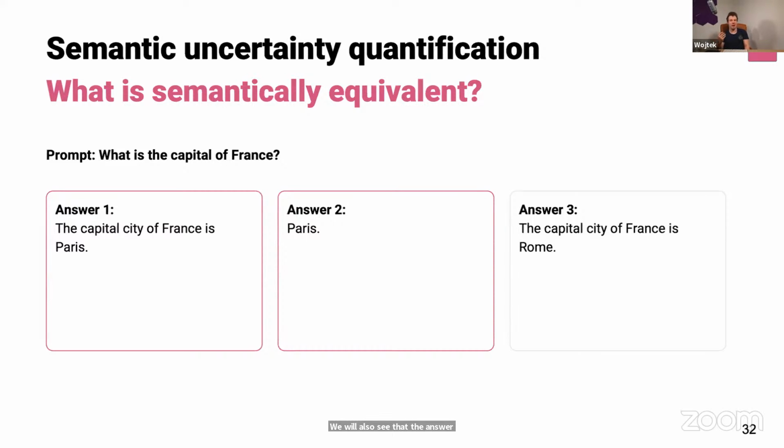But of course, from our perspective as humans, answer 1 is correct, answer 3 is completely incorrect. It's just factually wrong, even though it looks very similar from the grammar perspective. That's why we care about semantic meaning.